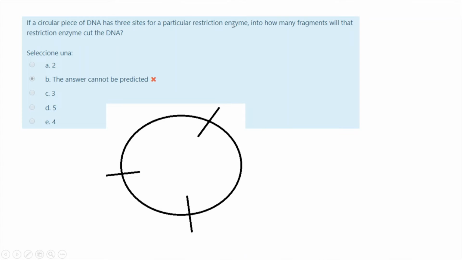So it's going to have 3 places all along this DNA molecule, 3 places with the sequence that this restriction enzyme recognizes. So 1, 2, 3. And then the question is, how many fragments will that restriction enzyme cut the DNA into? So we've got 1, 2, and 3. Can I know the answer? Could it be predicted? Yes, always 3.